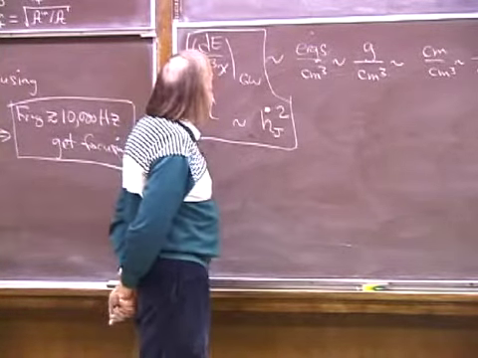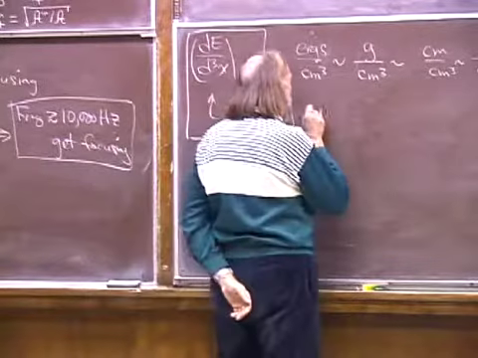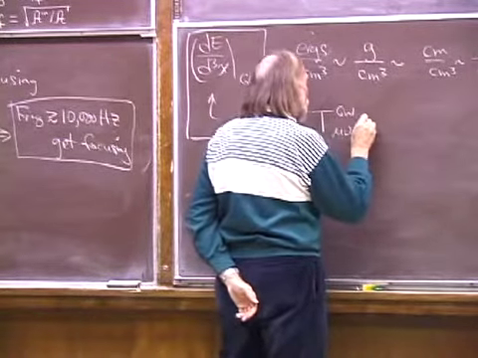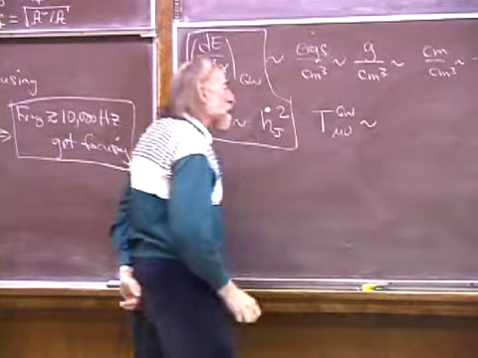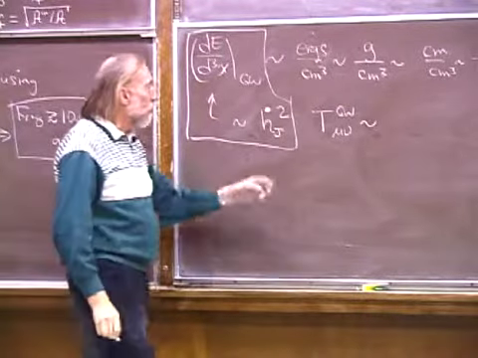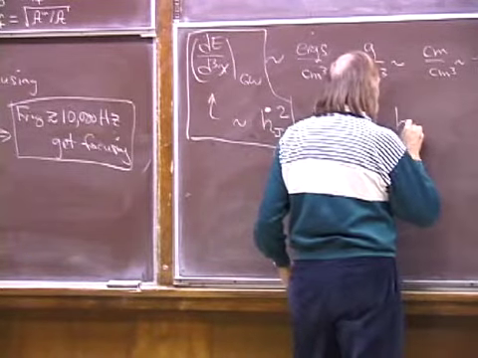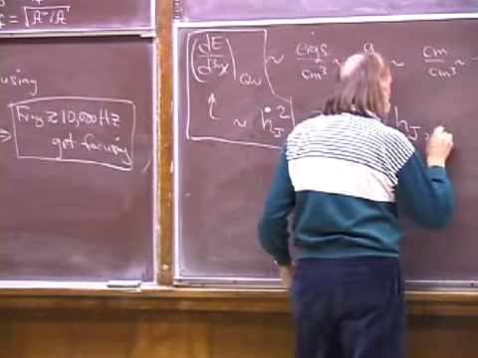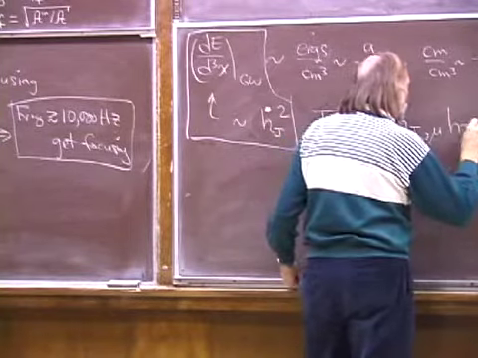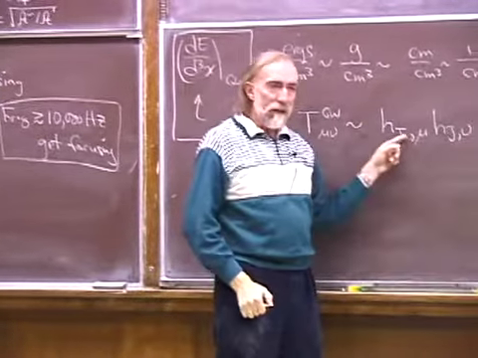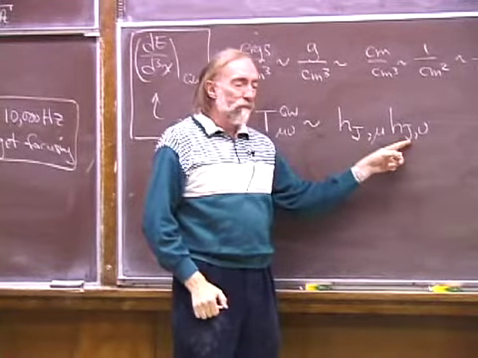Or equivalently, since we want to talk about the stress energy tensor for the gravitational waves, and since that's a second-rank tensor, what we would expect is that this should look like h_j comma mu, h_j comma nu. Remember, commas, slashes, semicolons, they're all the same for a scalar.